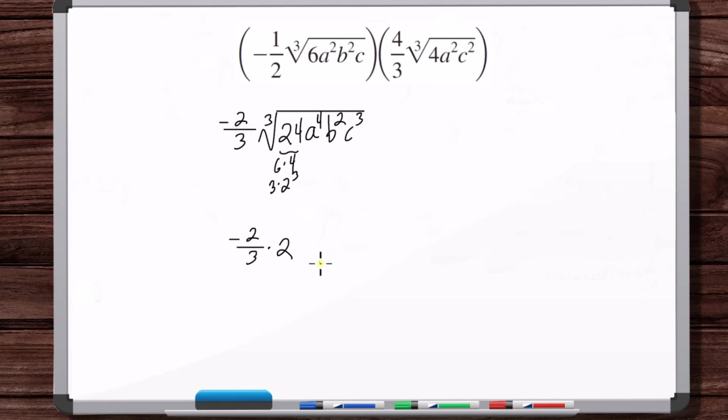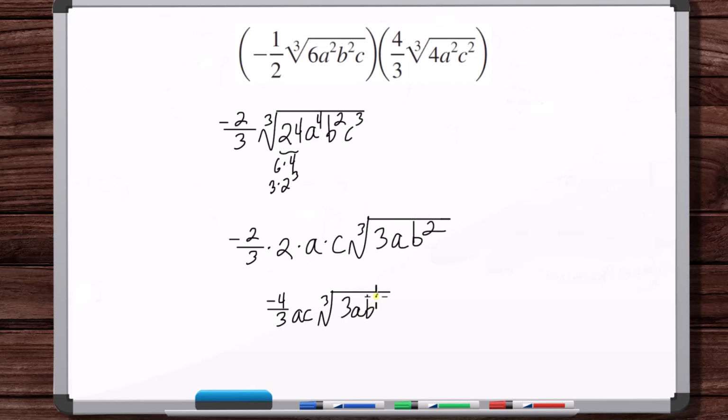We can take out an a and a c. And we're left with 3ab squared. Okay, so we've got minus 4/3 ac, principal cube root of 3ab squared.